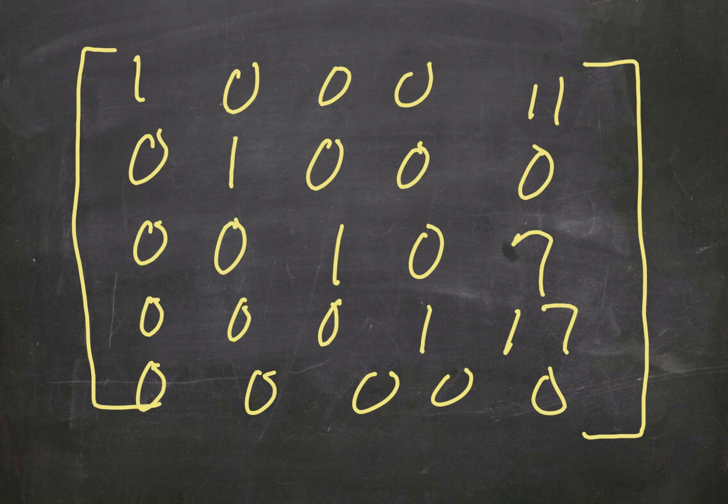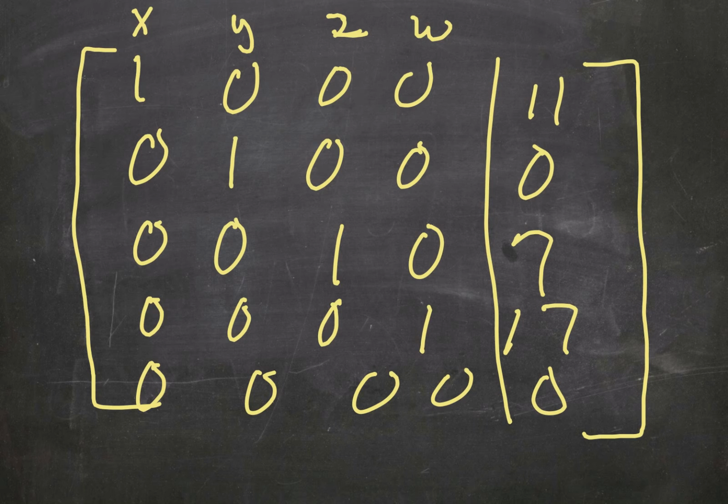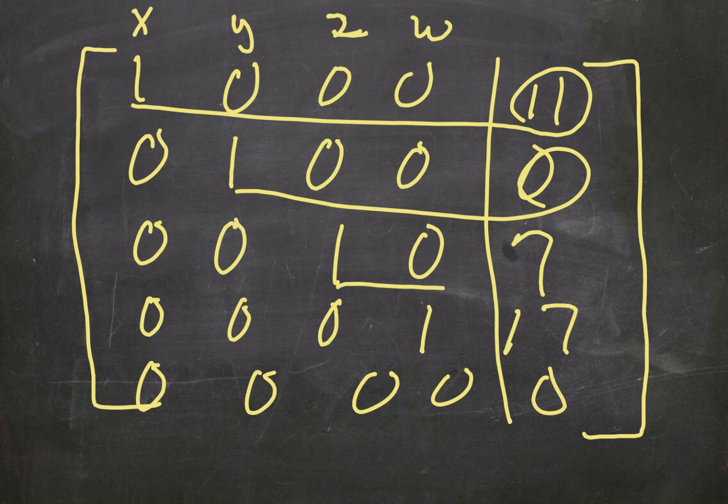So what does that tell me? Remember, this was my x, y, z, and w, and this is our answer. So x equals 11, y equals 0, z is 7, and w is 17. That lets me know that 11 loads went from A to 1, 0 from A to 2, 7 from B to 1, and 17 from B to 2.